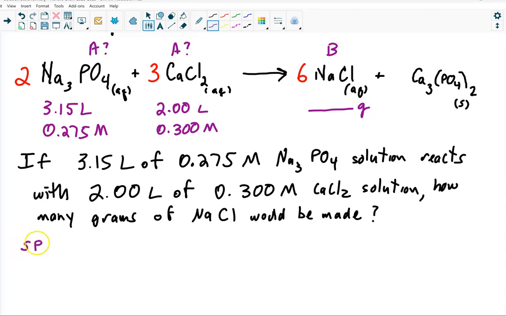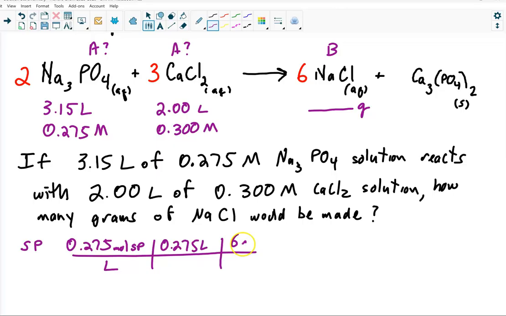For the sodium phosphate, I take its molarity times its volume: 0.275 moles of sodium phosphate per liter times 3.15 liters. Then we know that there are 6 moles of NaCl over 2 moles sodium phosphate, so I'm finding moles of B using each reactant.